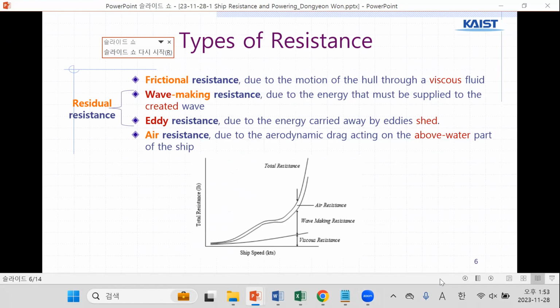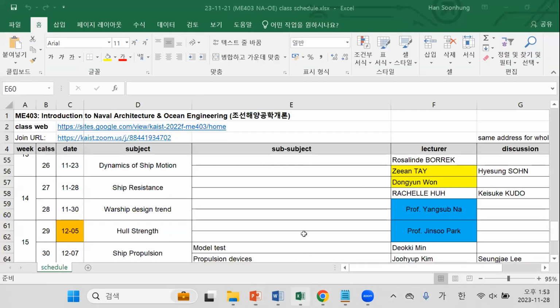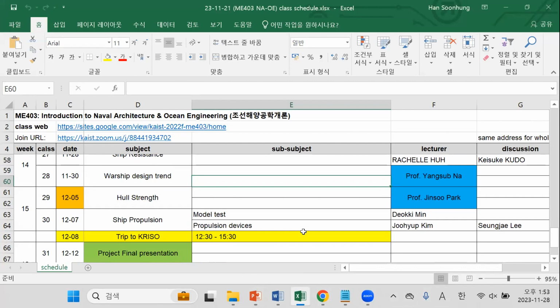The name is coming from the model test. I don't know whether we are covering the model test.